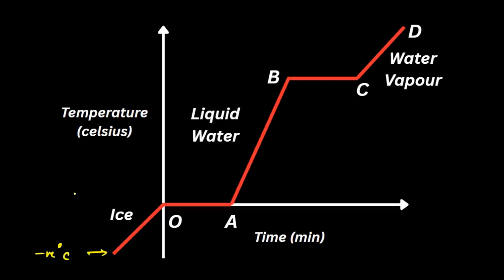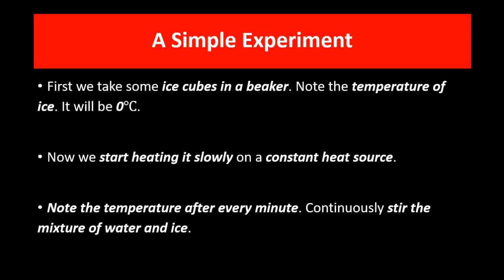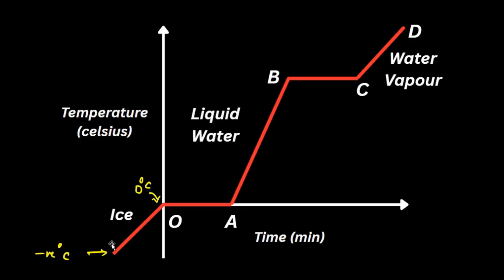As we start heating, the temperature starts increasing until it reaches 0 degrees Celsius. Here I have deliberately drawn it a little bit below that, so that I can make a certain point.